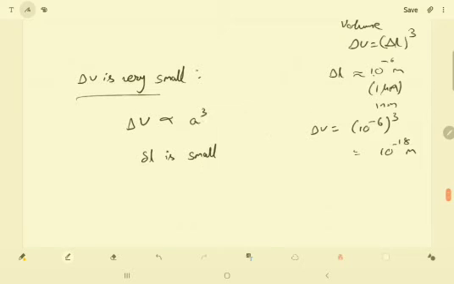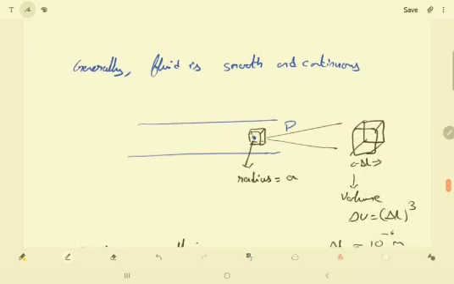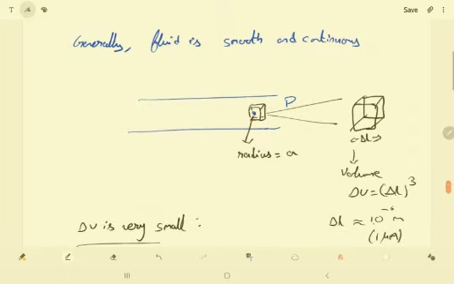Look here, as it is the delta L, suppose we compare this delta L to the small point mass a, then delta L is directly proportional to a.